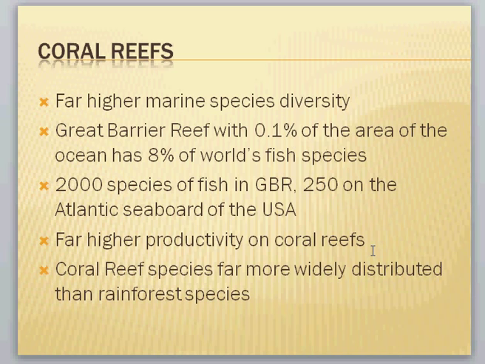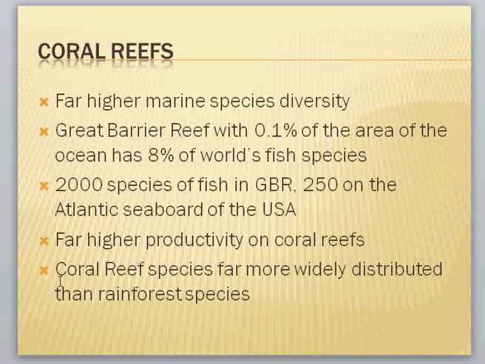Coral reef species are far more widely distributed than rainforest species. So this is probably why coral reef species richness tends to be lower than terrestrial species richness, because coral reef species will tend to disperse over much wider ranges, and so they have a much broader distribution.